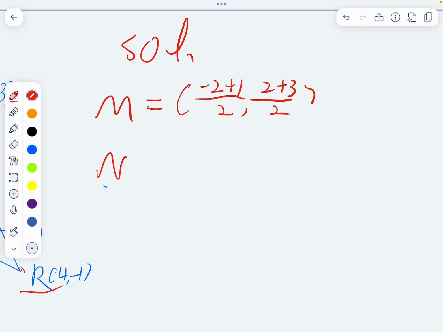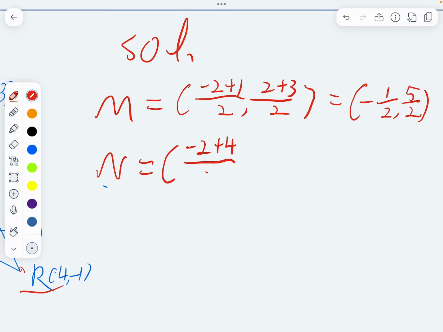We can get negative 1 over 2 and 5 over 2. N equals negative 2 plus 4 over 2, and 2 plus negative 1 over 2, which equals 3 over 2.